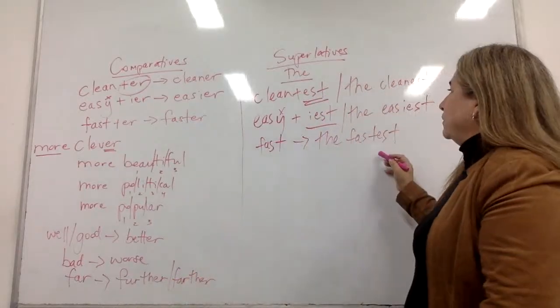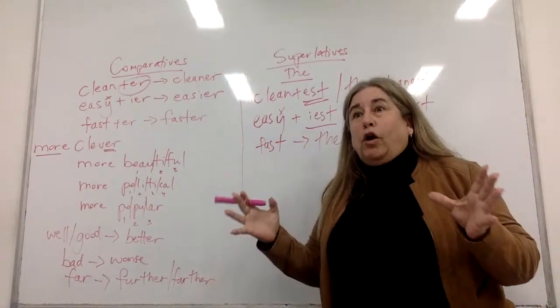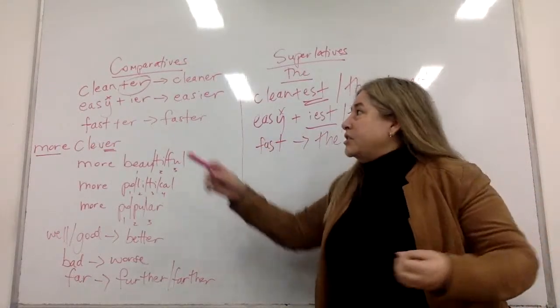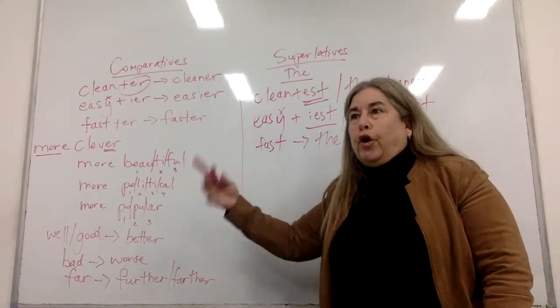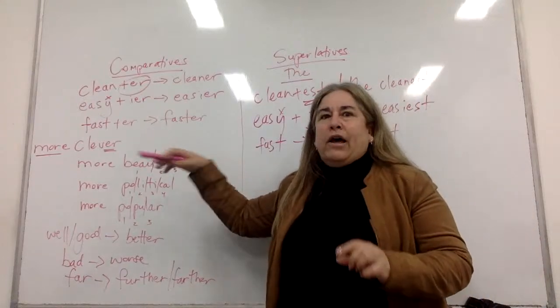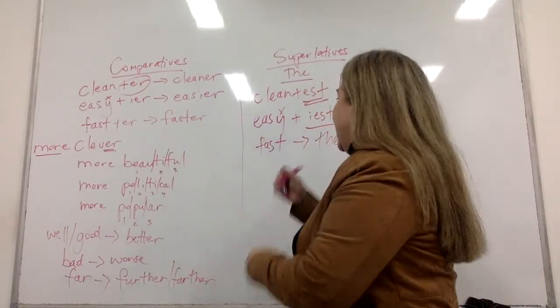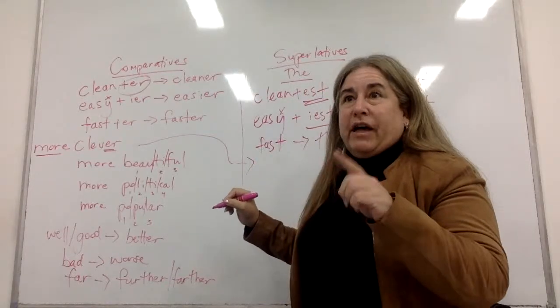Okay, good. And here, if the word is, let's say, long or different, so here when we said more clever, because we can't say clever, but now, because I'm not adding I, I can say here, this one, the most clever.